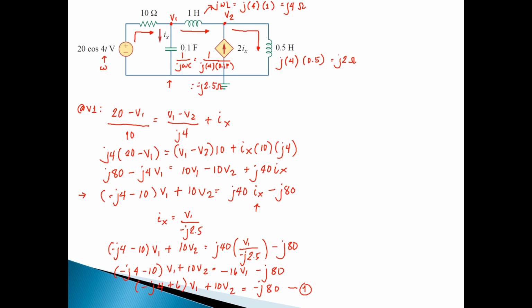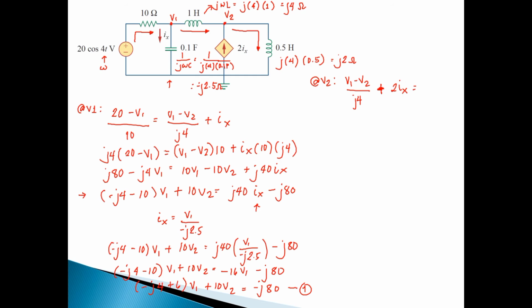Now for the second equation, at V2, the current entering is (V1 minus V2) over j4. The 2Ix is also current entering, so this will be plus 2Ix.